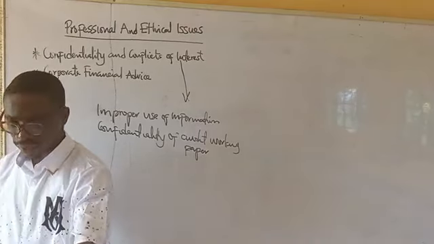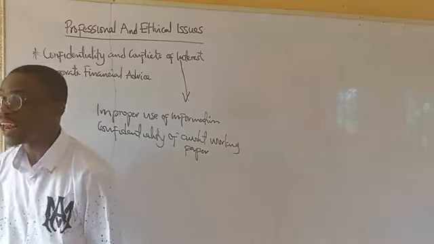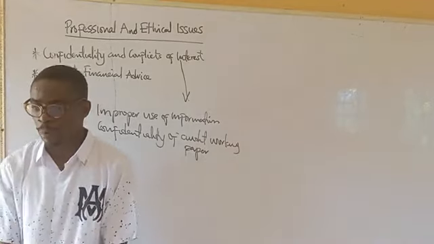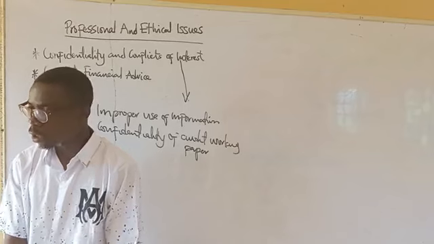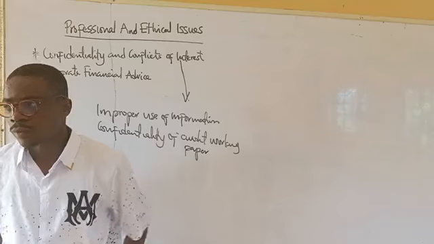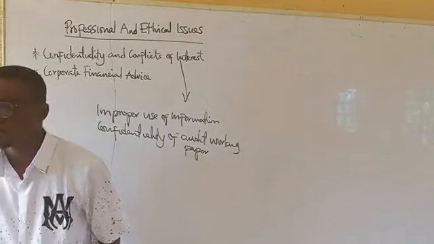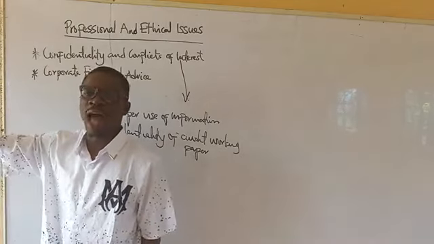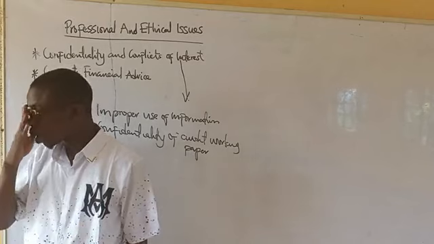Now, because it's your property, that does not mean that the audit working paper should be handled carelessly, so that other parties can now have access to it. Are we together? Because as an auditor, you should do everything possible in favor of your client, as far as the law supports that act.